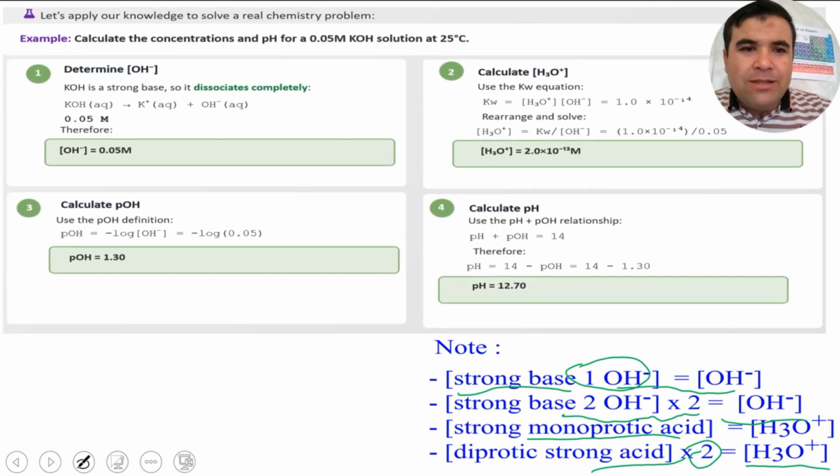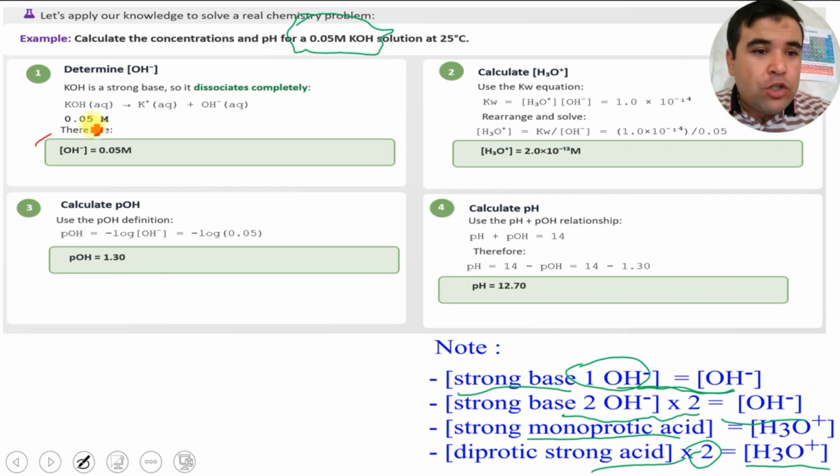Here, let us practice the sample problem. A 0.05 molar concentration of KOH is given, and KOH has one OH. So we can say directly that the hydroxide concentration equals 0.05. That's the first step, determining the hydroxide.